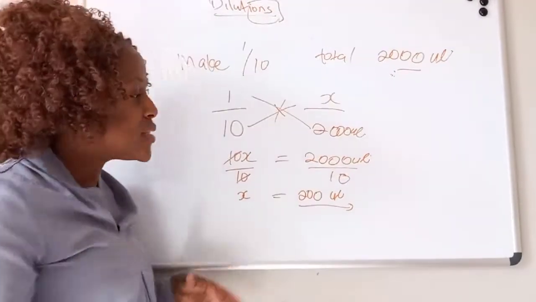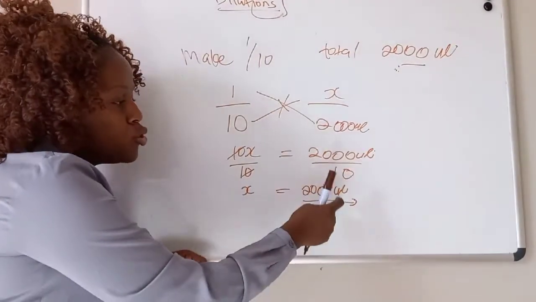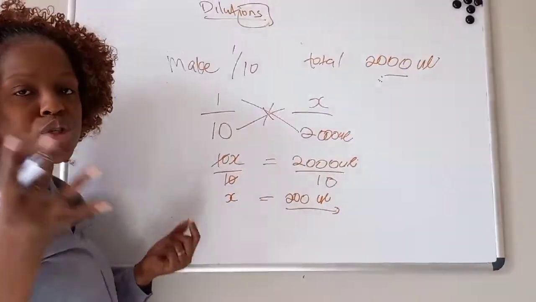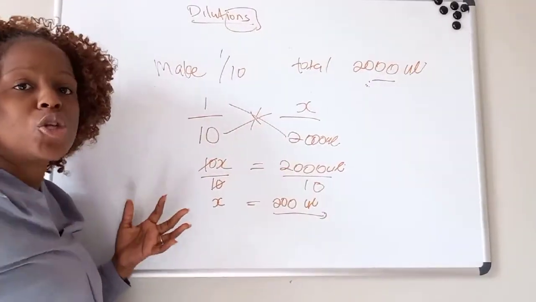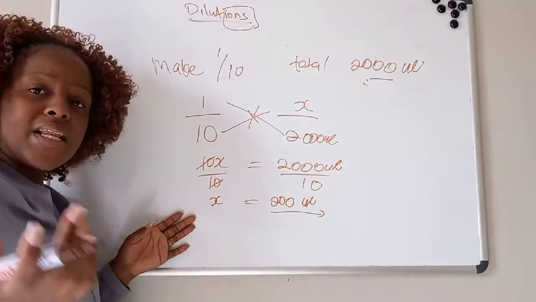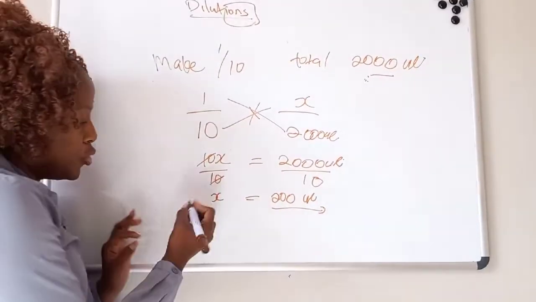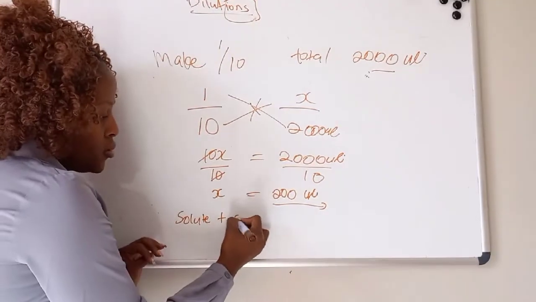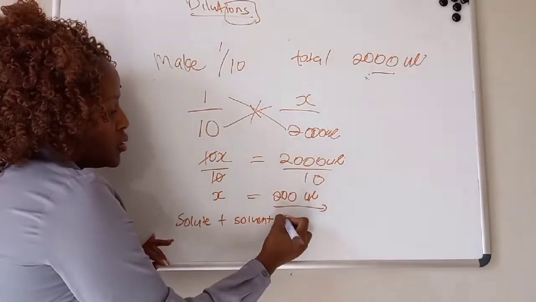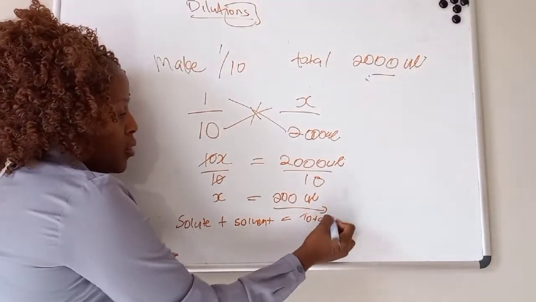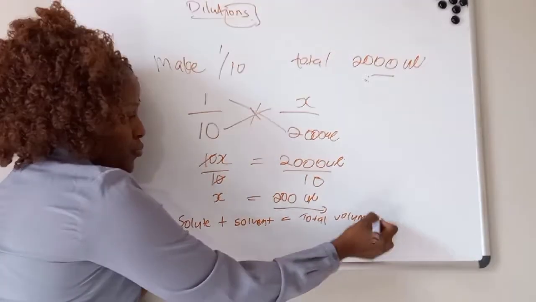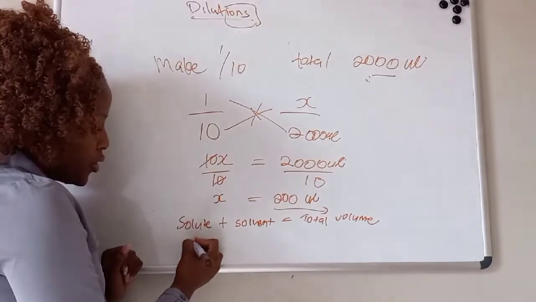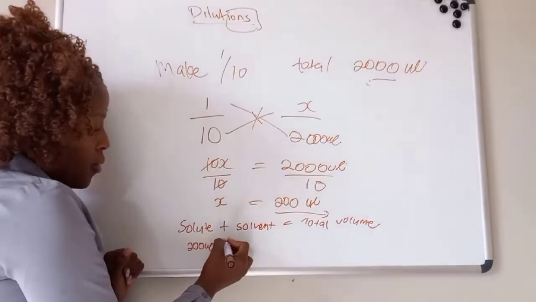So now it becomes easier because you know the solute, you know the total volume. Now what you need to do is get the amount of the diluent or the solvent or saline that you will need to use. And we know that solute plus solvent is equal to total volume. Then we can just substitute our solute. We just got it, it's 200 microliters.